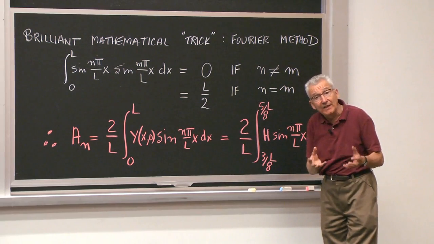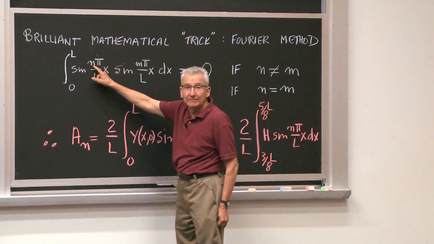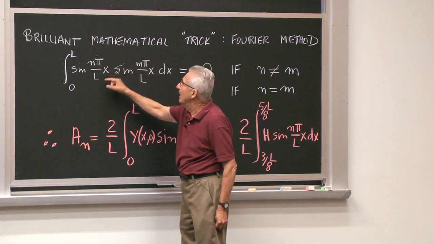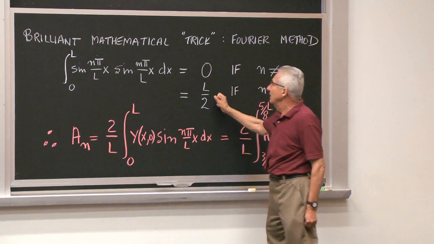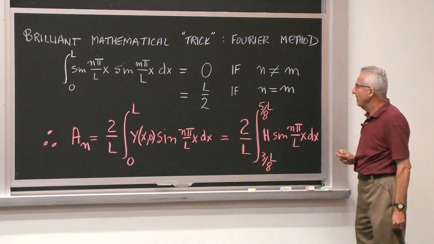On the other hand, if m equals n, so this is the integral of sine squared n pi x over L, it comes out to be L over 2. You can do it for yourself.